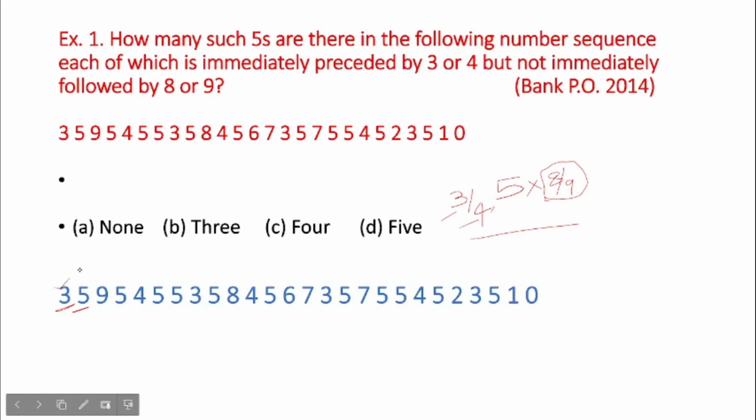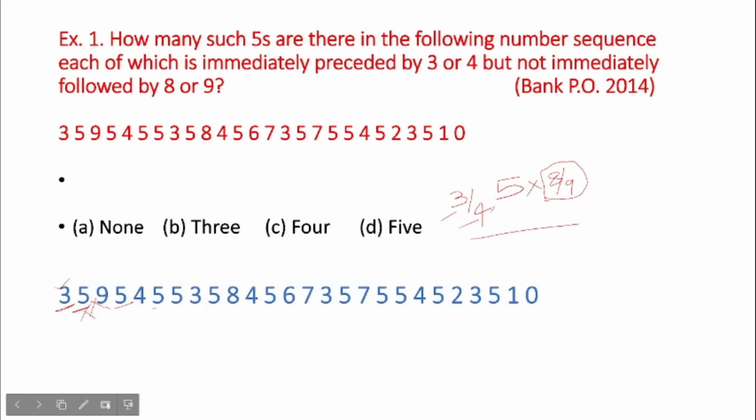There is a 3. But what is the second condition? It shouldn't be followed by 8 or 9, but here it is followed by 9, so this won't count. Again we can check the next 5. Here the first condition is that it should be preceded by 3 or 4, but here it is 9, so this is also not counted.